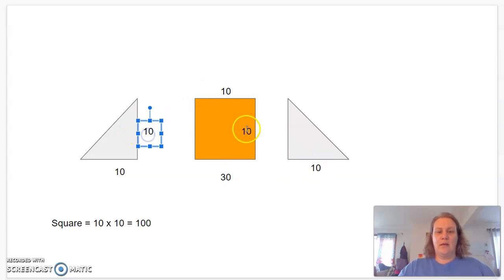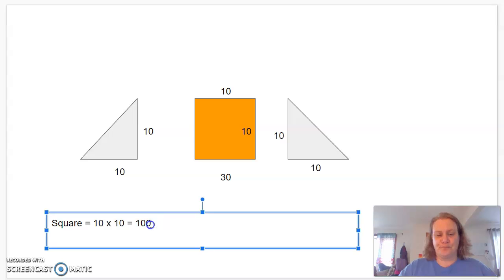Okay, and let me label our height of our triangle. Now these are both right triangles because this height here, the 10, was at a right angle. So these are now right triangles. And we know that an area of a triangle is base times height divided by 2.